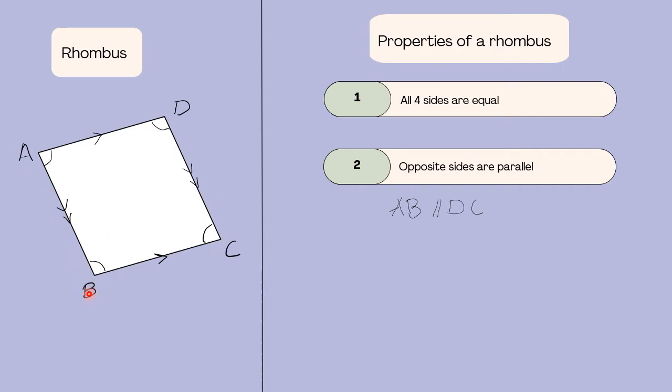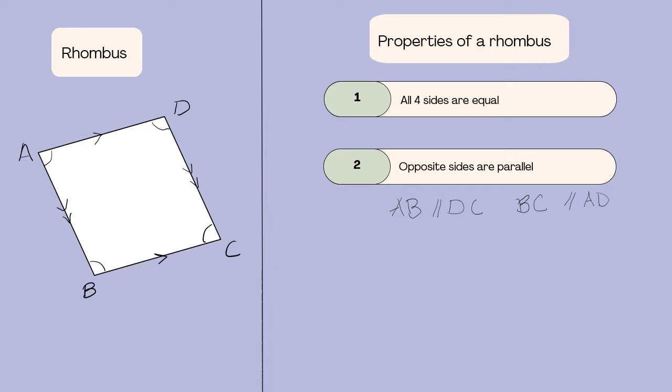So the next opposite sides should be BC is parallel to AD. And you can see that according to the arrows labeled here. So AB is parallel to DC and BC is parallel to AD.